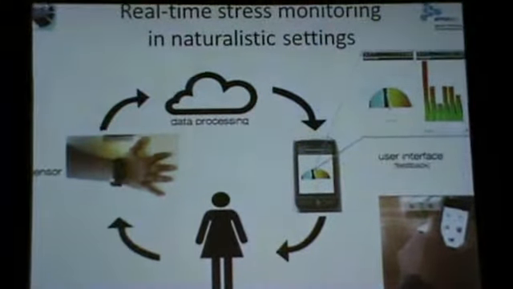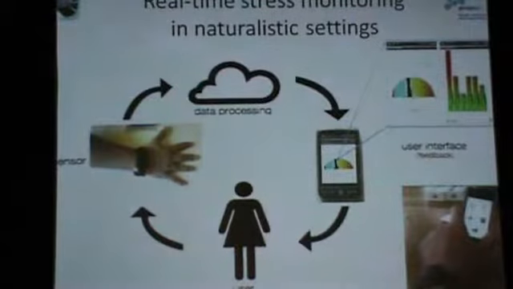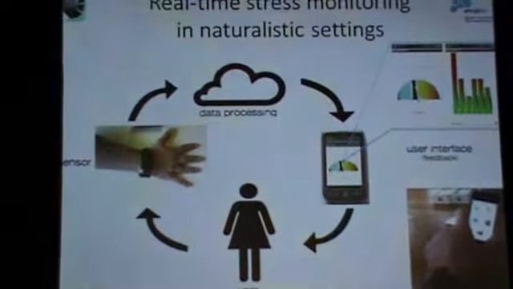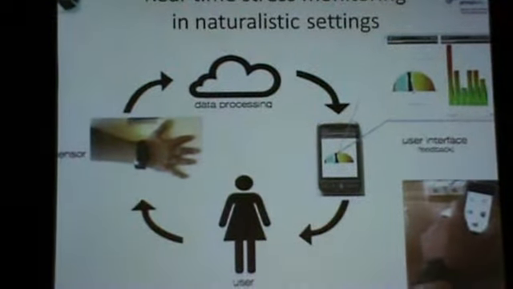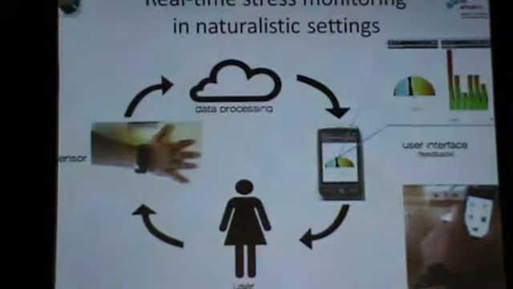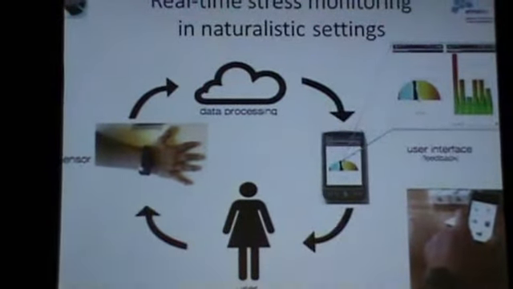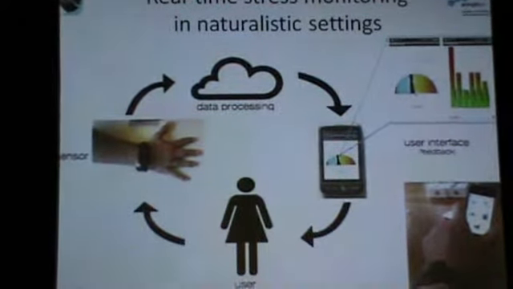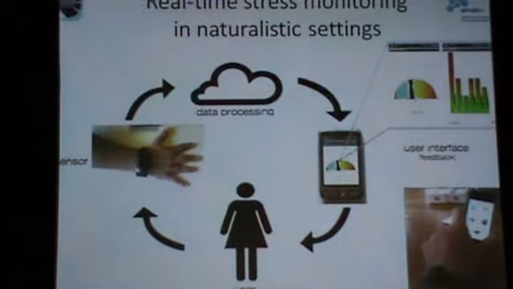There are two phases: one training phase and one monitoring phase. In the training phase, the system, so the mobile phone, at different moments of the day asks the user some questions about how he or she is feeling at that particular moment.